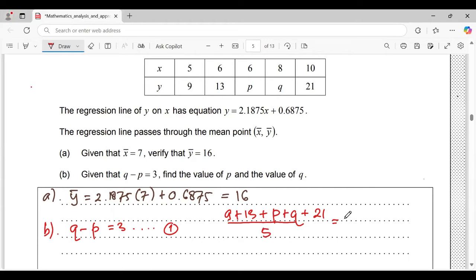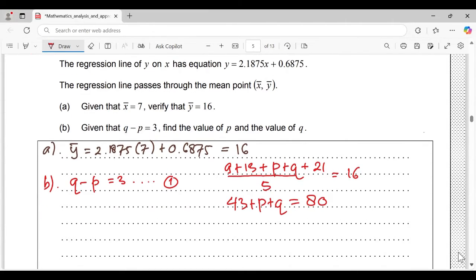It equals 16, because it is the average of Y. So 5 multiplied by 16, this equation becomes 22 plus 21, 43. 43 plus P plus Q equals 80, because 5 times 16. So P plus Q equals 80 minus 43, 37, and this is the second equation.